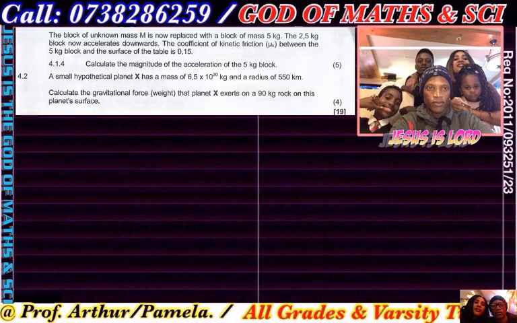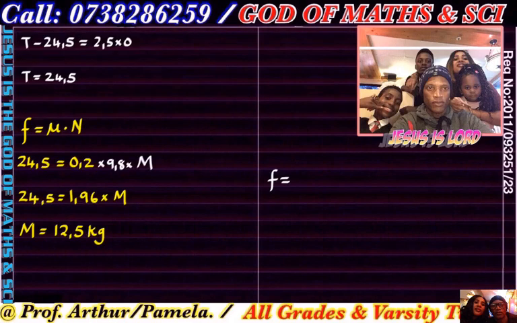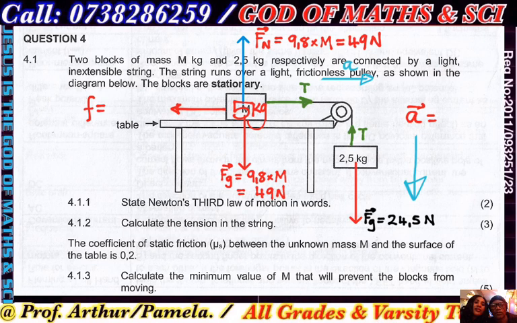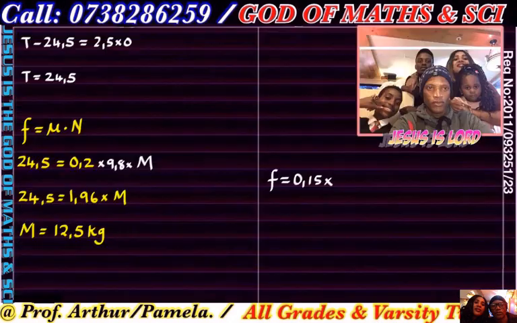Remember, it's a new mu. It's not 0,2, it's 0,15. So it's going to be 0,15 times the normal force, which has changed. It's now 49. So we're going to multiply that by 49 to get the friction.